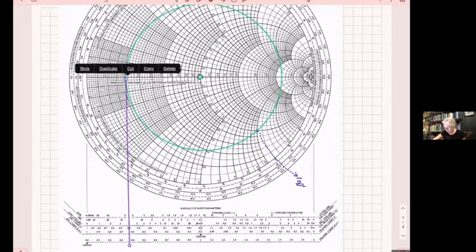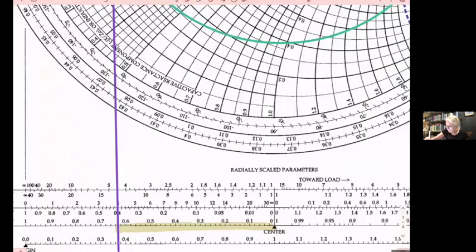And then I look here. I am looking down at this line that says reflection coefficient here. And I'm reading this number here.